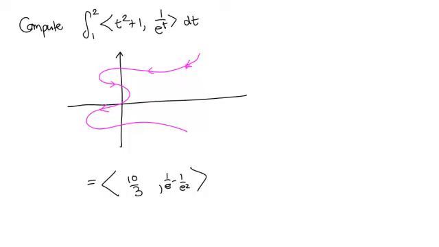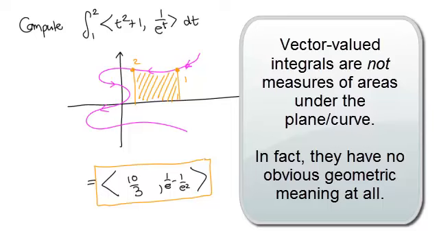So we might have a time equals 1 right here and a time equals 2 right here, and we might think about the area underneath this curve. Well, whatever that area is, it should be a real number. But whatever the integral of a vector-valued function is, it always comes out being a vector. So this thing is not area under a curve. Whatever the area under a curve is, it's got to be a number, and this isn't it.